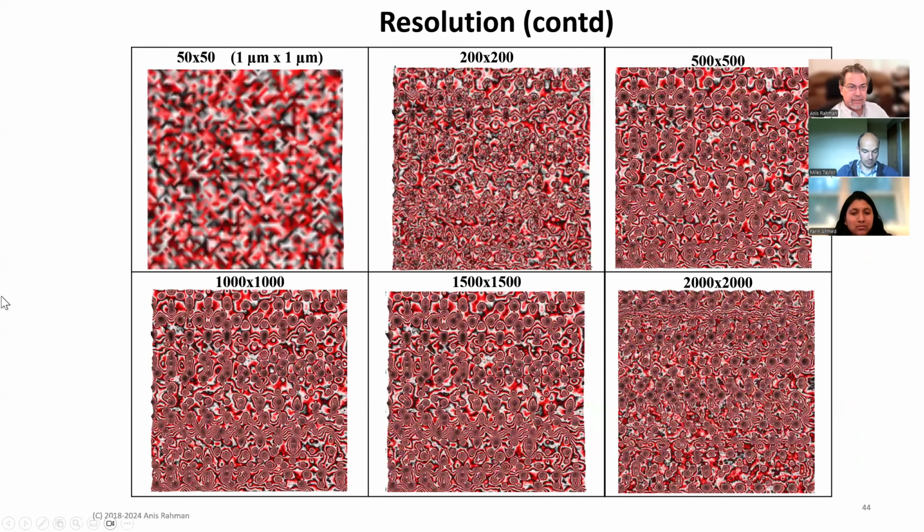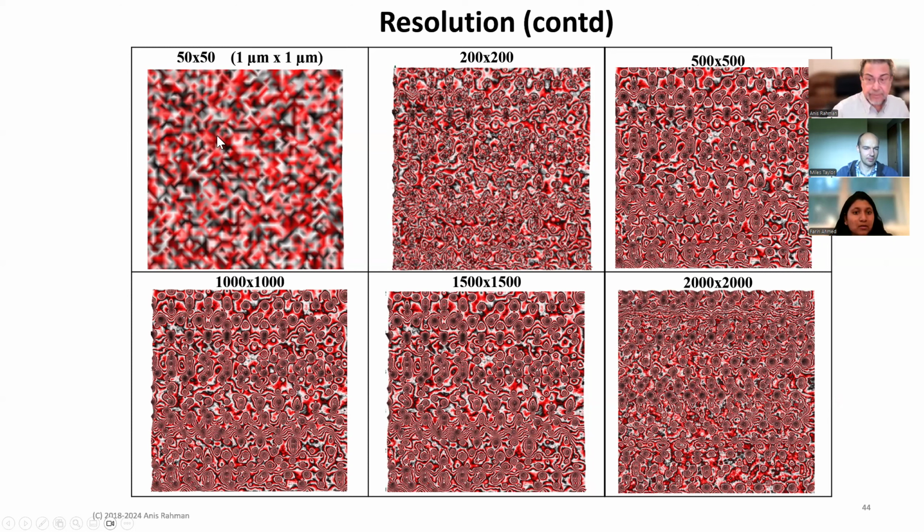For example, this image you see, if you have a grid size of 50 by 50, and on the z-axis the grid size is not shown here because that's not being changed, you get a very rough image. When instead of 50 by 50, we use 200 by 200 gridding, it shows the structure a little bit better, and so on.